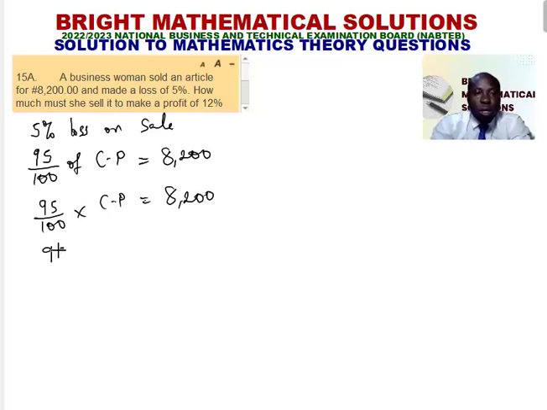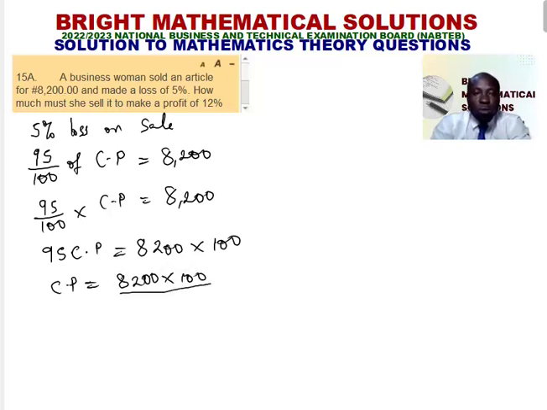So that will now be 95 CP, that is the cost price. We are now cross multiplying, equals 8,200 multiplied by 100. The cost price will now become 8,200 multiplied by 100 all over 95.